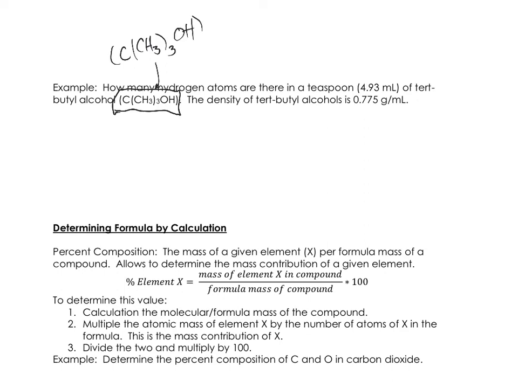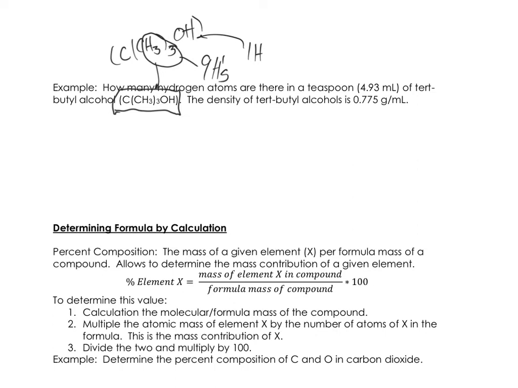I guess it's not exterior, it's the connection point with these methyl groups. So I have 9 hydrogens from that group and 1 hydrogen from here. So the formula tells us how many of each species we have. So I want to know how many hydrogen atoms there are in a teaspoon of tert-butyl alcohol. So I have my teaspoon.